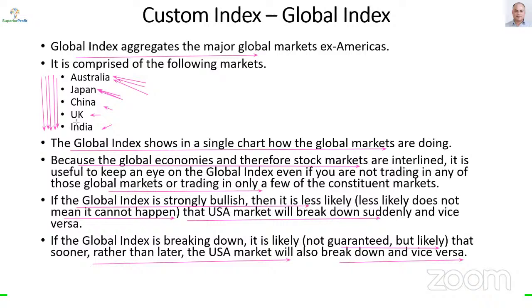So in a way, if you study the global index, you have some idea what can be expected. They are not perfectly correlated, but if the global index is heavily coming down, you can expect that Indian market, USA market will have a similar move in the market hours.